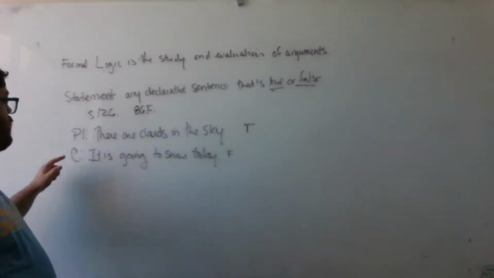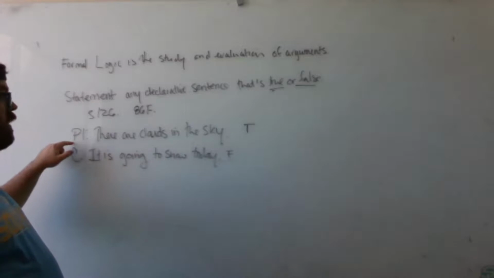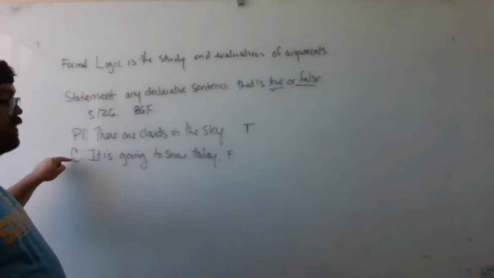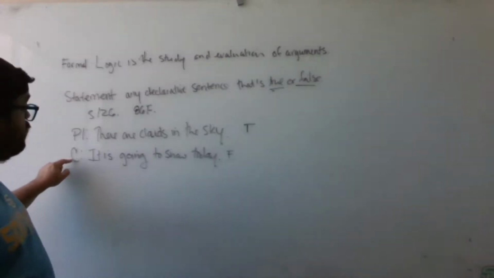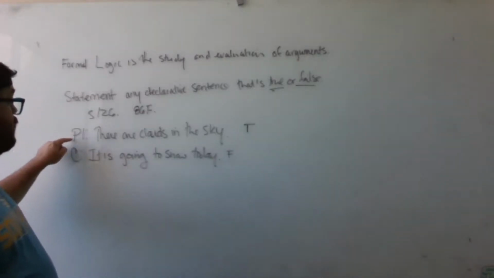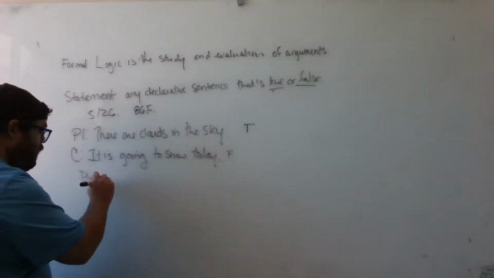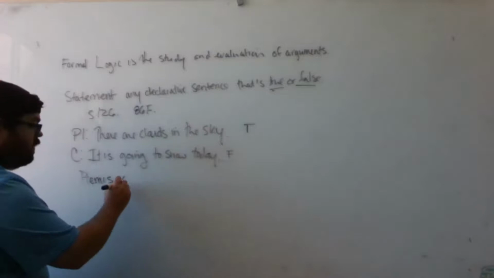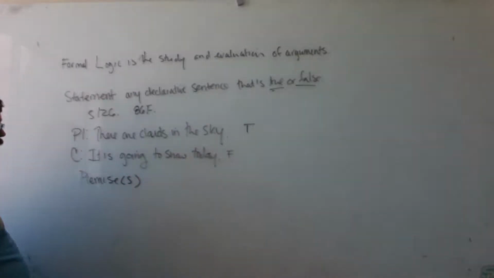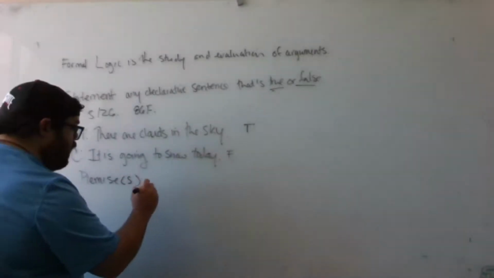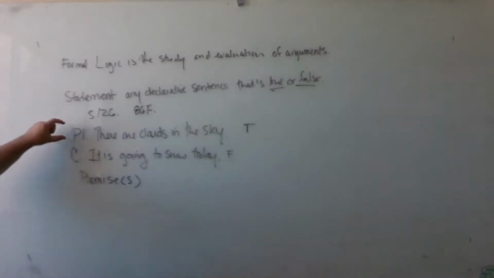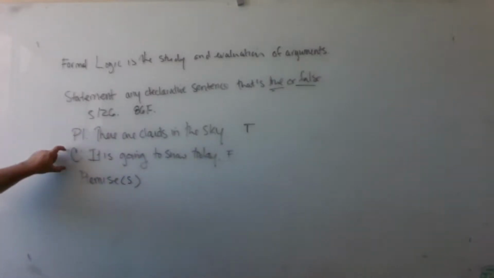All right, so the reason I put P1 here is that the statement that supports the conclusion, or that's supposed to support the conclusion, is called a premise, right? Premise, singular, and premises, plural. Arguments need to have at least one premise and one conclusion.